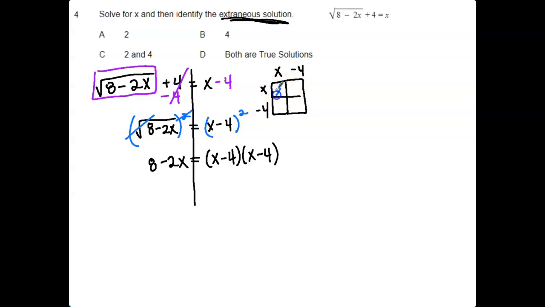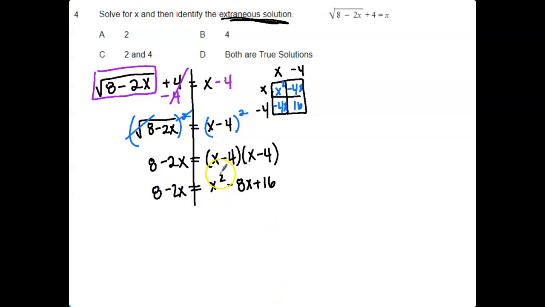So we would get x squared minus 4x minus 4x, and then negative times a negative is a positive, so 16. Once we combine like terms, we're going to end up with x squared minus 8x plus 16, and that's equal to 8 minus 2x.